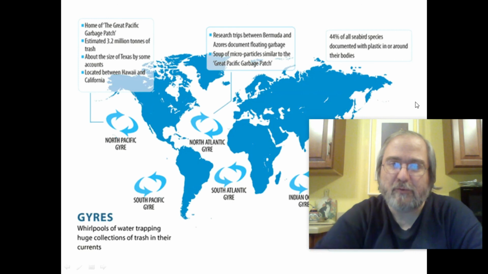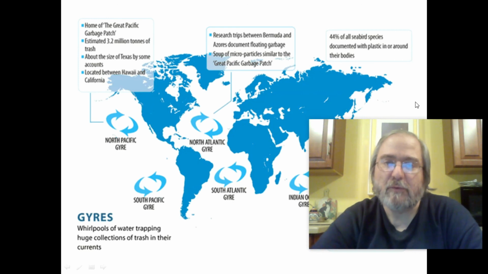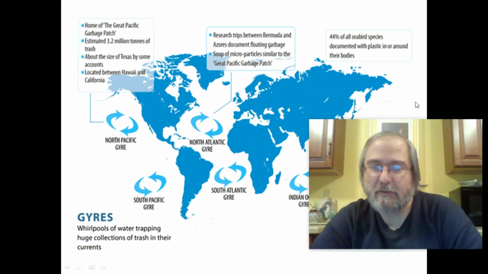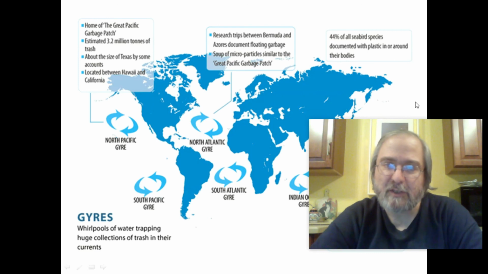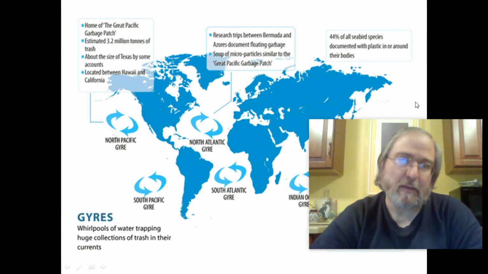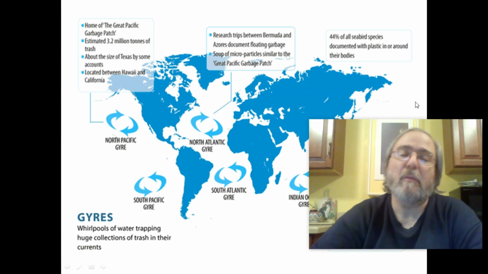You have the spiral going down depth, resulting in Ekman transport that will keep the water piling up in the center if it's a gyre with a convergence zone, or if it's a gyre with a divergent zone like the Gulf of Alaska, then you have constant inflow. As the water is constantly moving out from the center, you're going to have constant upwelling to fill in the void, if you will.